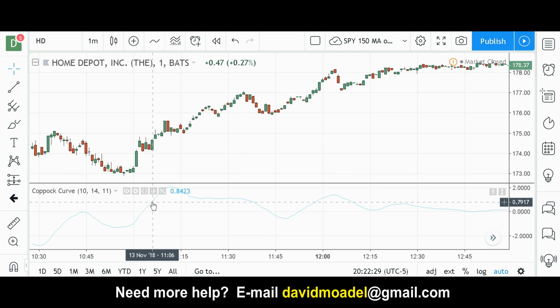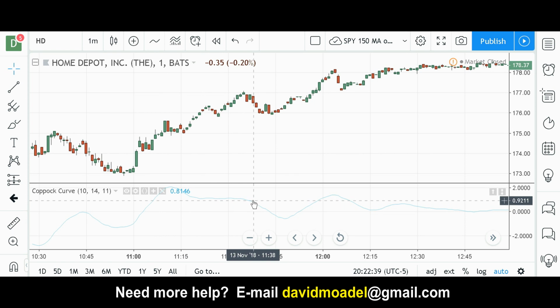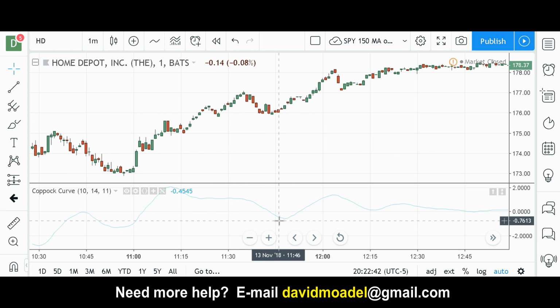Remember, it's a momentum indicator, and so that tells you that the trend is up. The general direction is up. And then when it's above, but then it clearly breaks below the zero line, that is supposed to be bearish. That means the general trend is down. That's pretty simple. It doesn't get much simpler than that.